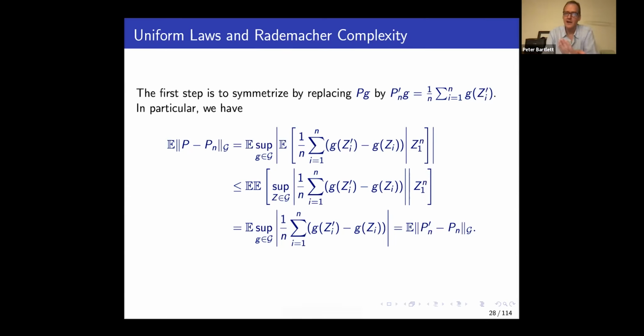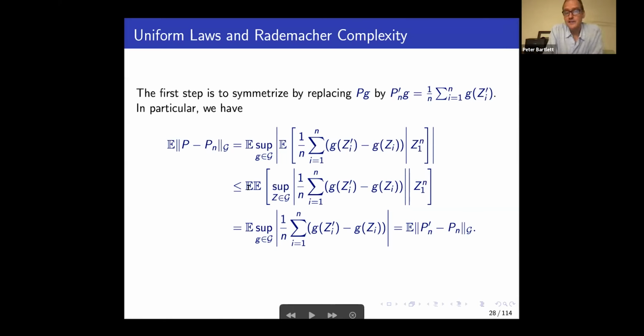I'm saying that if I take the expectation outside, then I'm only going to get something bigger, because here I've got a supremum of an absolute value of something. If I take the expectation, then I'm doing all that maximizing an absolute value business inside the expectation. I get something bigger. Okay.